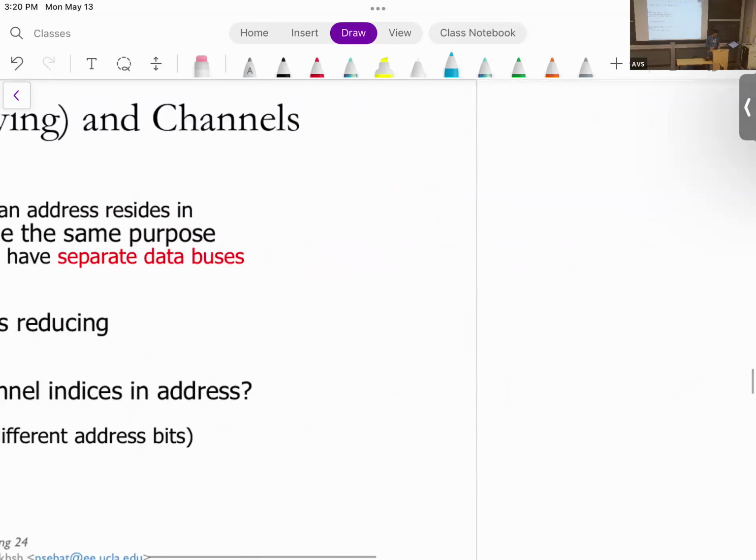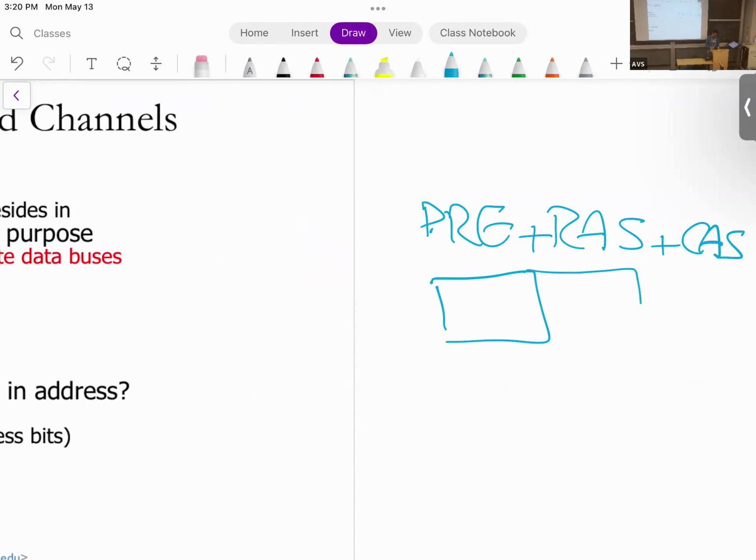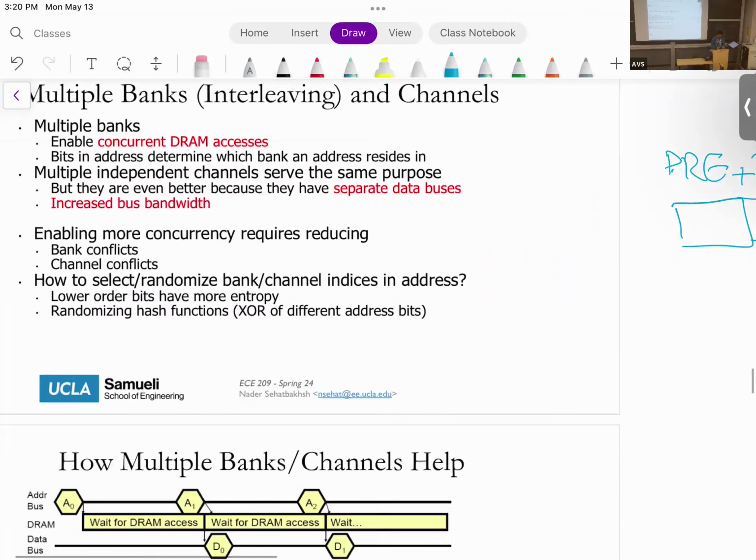But keep in mind that I need to pay the price of pre, RAS, and CAS, right? So what I can do is overlap these requests, right? If I can access banks in parallel, as one is doing the pre, another can do the RAS, another can do the CAS. So I'm hiding this latency in the system.